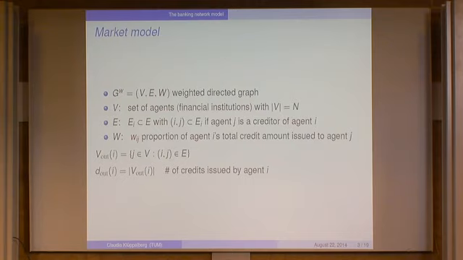We have a weighted graph, so w_ij is the proportion of agent i's total credit amount issued to agent j. And the number of institutions which get money from institution i is V out, the out-degree, given by the number of credits issued by agent i. So this is the formal setup.